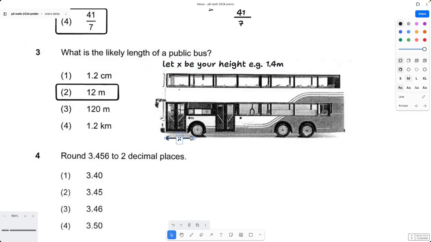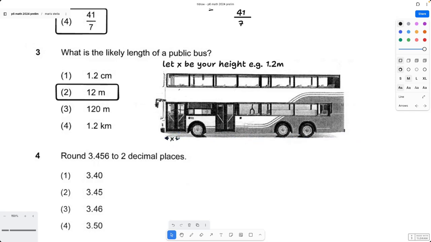Then you just multiply it, so 10 times x, so it's roughly around 12 meters. There you go. Or 1.2, can be 1.2 also can. 1, 2, 3, 4, 5, 6, 7, 8. Yeah, roughly around 12 meters. So let's move on to the next question.